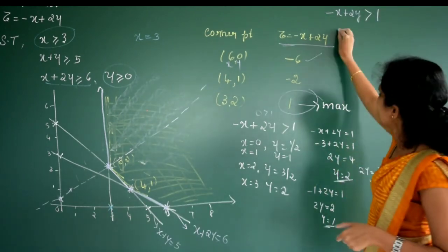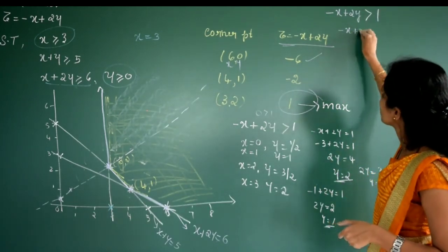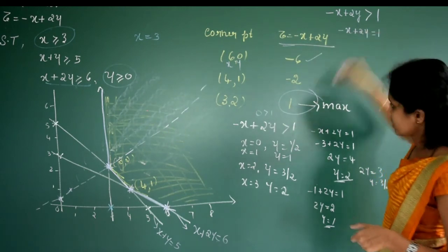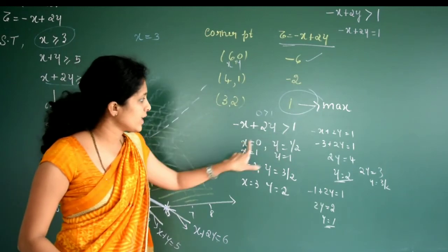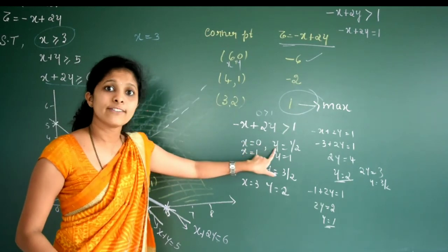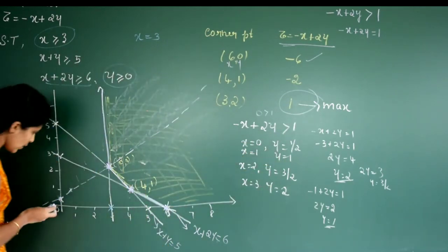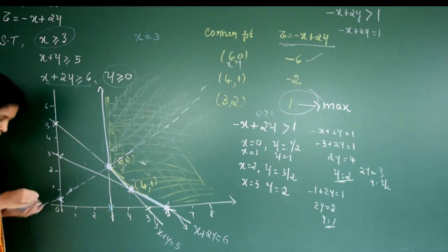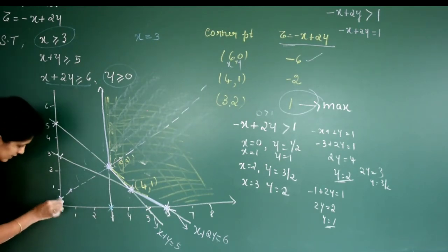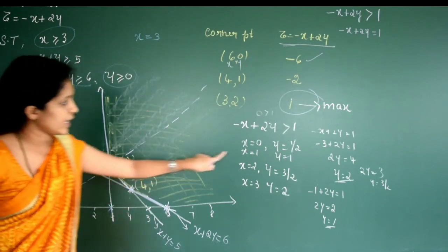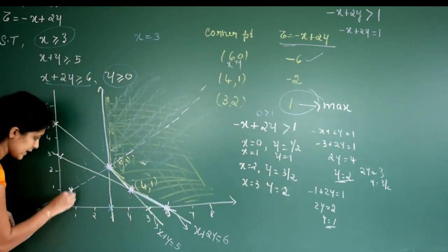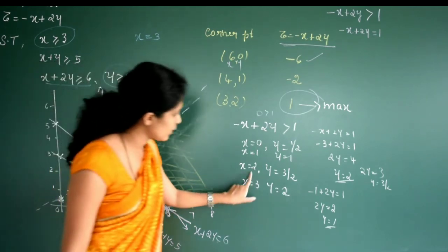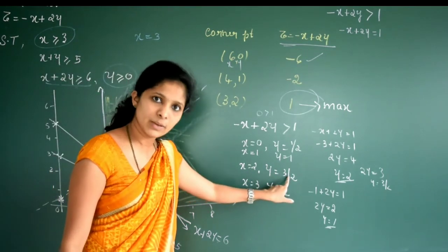Now draw the line for this one. -x plus 2y is equal to 1. Here I have written, see this one. -x plus 2y is equal to 1. If x is 0, y will be 1 by 2. X is 0 and y is 1 by 2. Here this point. Then x is 1, y will be 1. Next, the value of x is 2, then y will be 3 by 2.